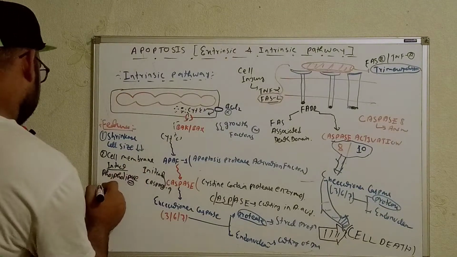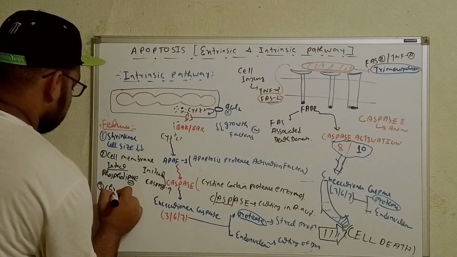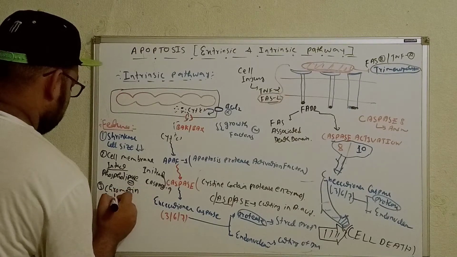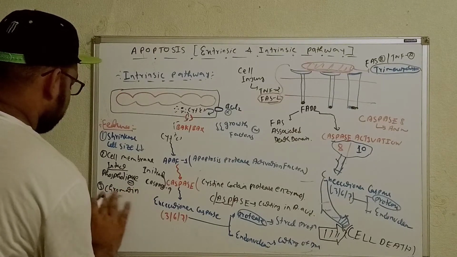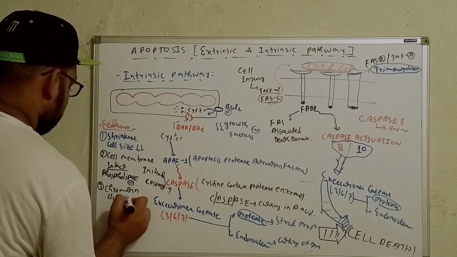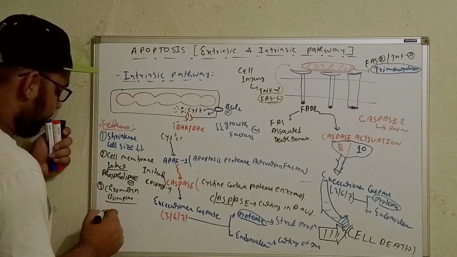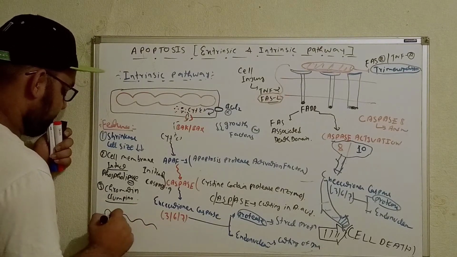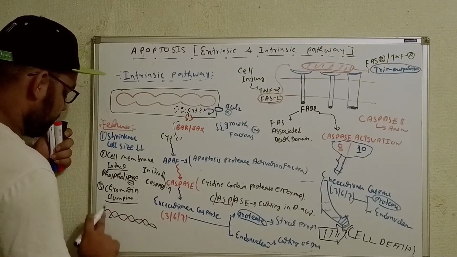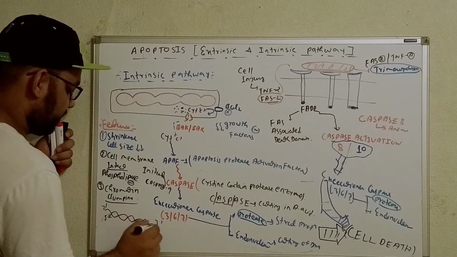And we will see chromatin clumping, or you can say chromatin condensation. It's a better way to write clumping. Now, for example, if I show the DNA over here, 5' to 3', 3' to 5'.